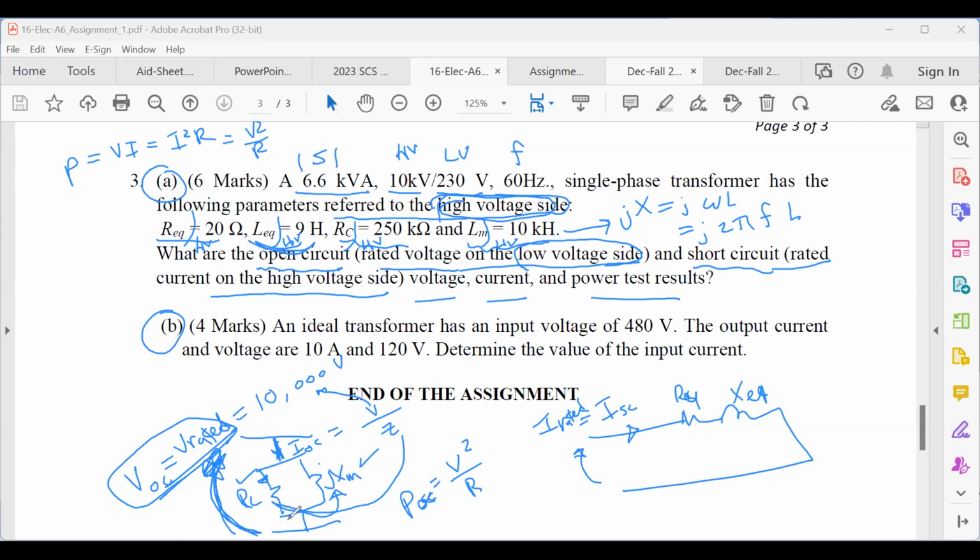It's the voltage across the resistance, V squared over R. This is the P open circuit. So I got actually the P, the V, and the I.